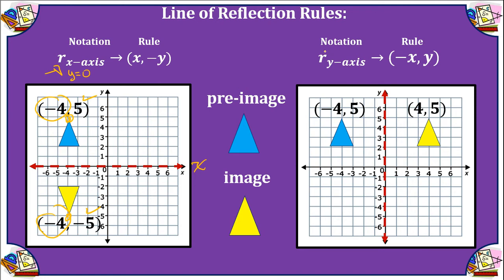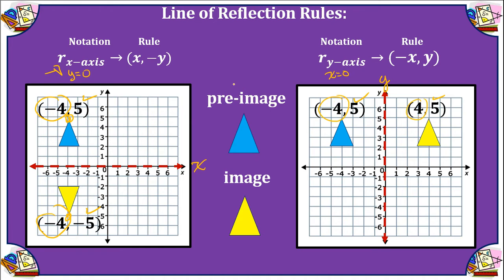Now let's take a look at when we reflect across the y-axis, which is x equals 0. This time we are flipping from the blue and we are going across the y-axis. So this time the y coordinates stayed the same, but the x coordinates are opposite in sign.